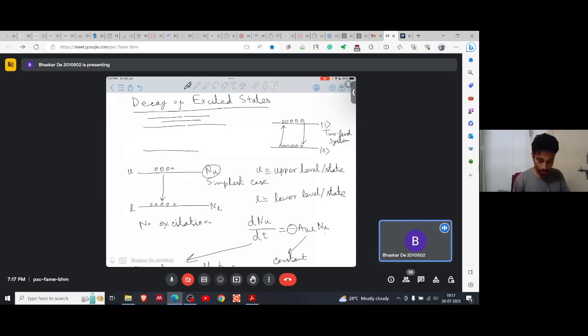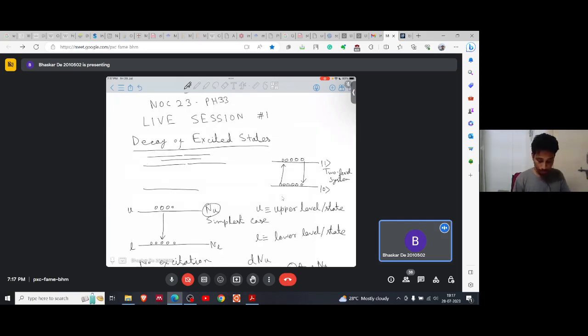That is what I am showing here in a very simple way: this is the ground state, this is the first excited state. After exciting the system, the electron goes to the first excited state.